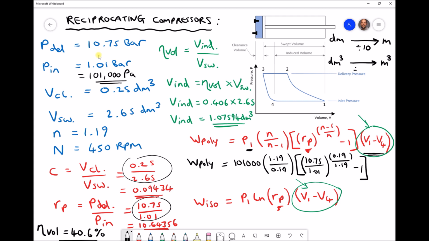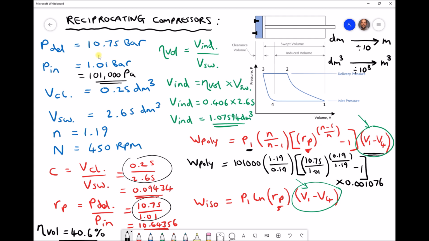Therefore, we need to divide by 10 cubed, which is just 1,000. So 1.07594 divided by 1,000 is 0.001076.